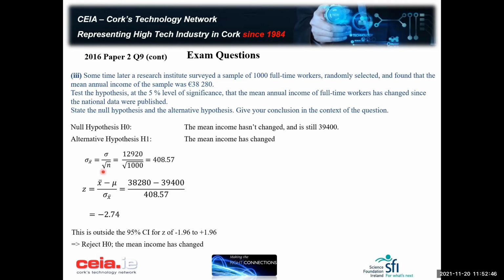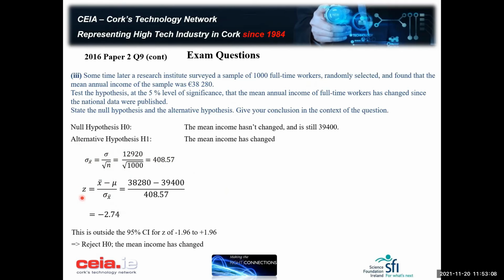Okay, we can apply the central limit theorem here because we have a nice big sample. So the standard deviation of the means is sigma over root n. It's the same sigma we had before, and root n is the root of 1,000. We get this 408 for the standard deviation.